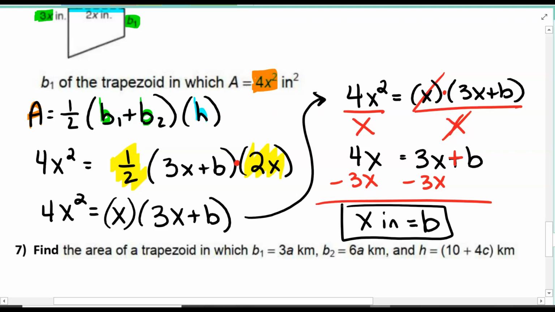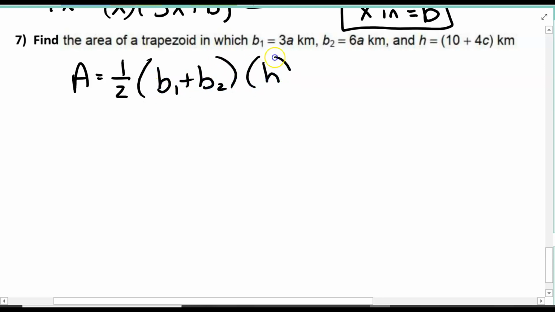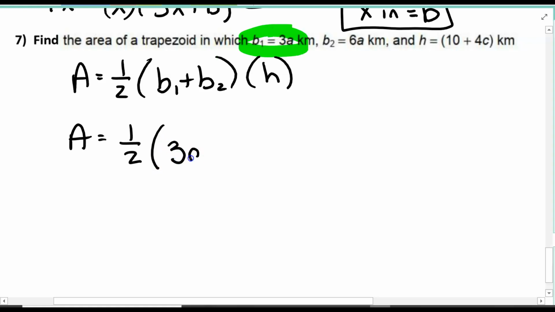Okay, last question. Once again, we start with the formula 1/2 times base 1 plus base 2 times height. The area is what we're looking for. One of my bases is 3a, plus the other base, which I'm told is 6a.